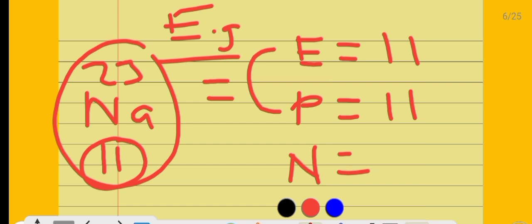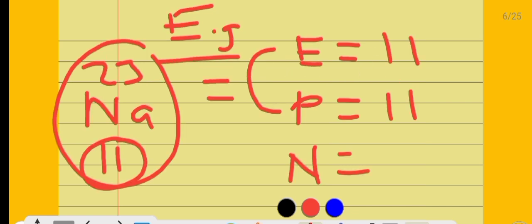To know the number of neutrons, we take the mass number 23 minus the atomic number 11, and we get 12. So this is the neutral sodium atom, which means it's not positive and not negative. Sodium, being a metal, is not positive yet, it's just neutral.